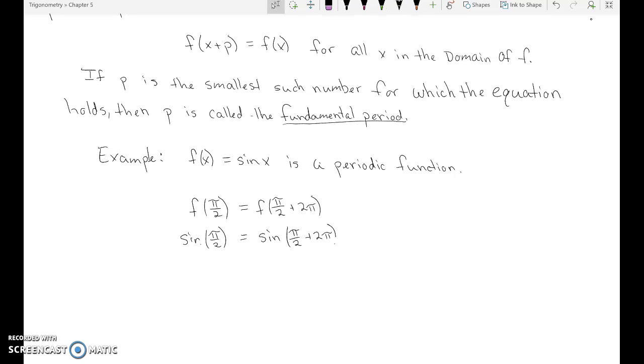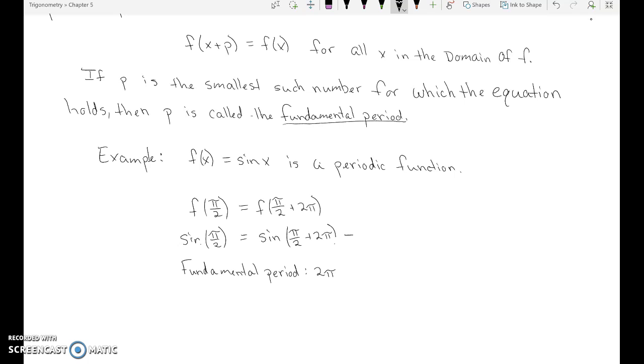And its fundamental period would be 2 pi. So 2 pi is the smallest value that I could use that is going to give me the same number back.